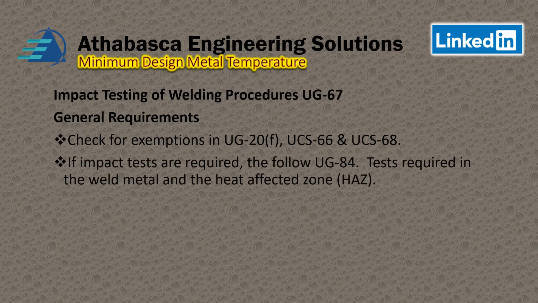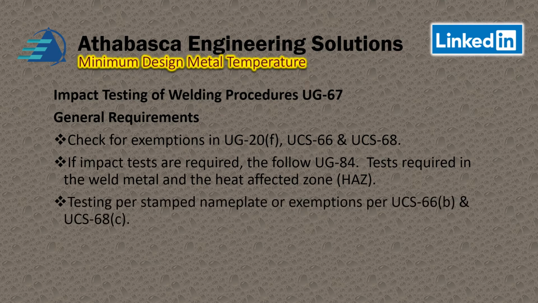Then they say if impact tests are required, then you follow UG 84, which is the impact testing requirements. And the tests are required in the weld metal and the heat affected zone. Testing must be done per the stamp nameplate, or you can use the exceptions listed in UCS 66B and UCS 68C.